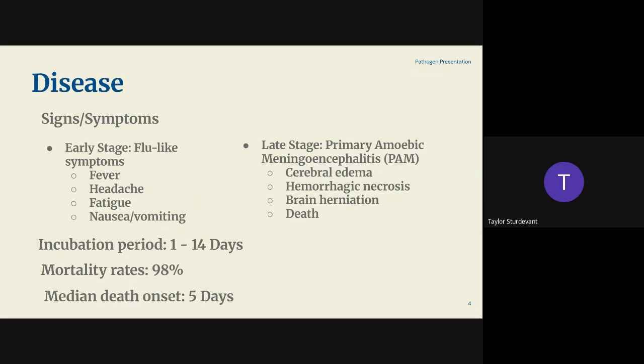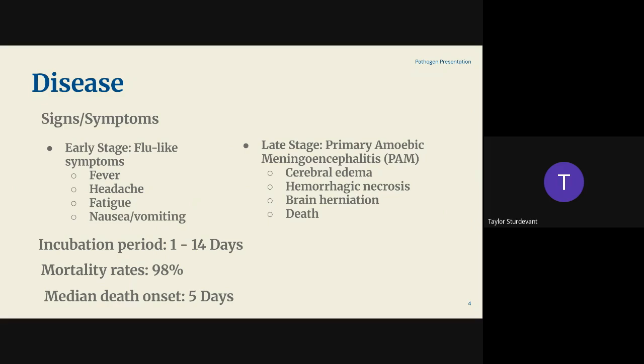Late stage is going to cause primary amoebic meningoencephalitis, which is swelling of the brain, cerebral edema, hemorrhagic necrosis, brain herniation, and ultimately death. Incubation period is about 1 to 14 days. Anytime after infection, you can start to see signs and symptoms.